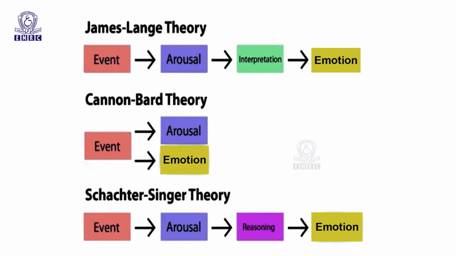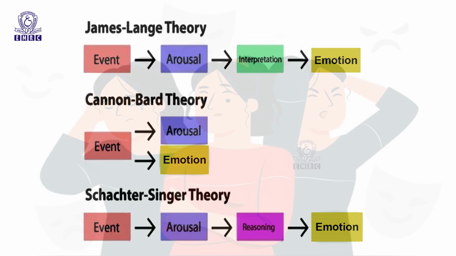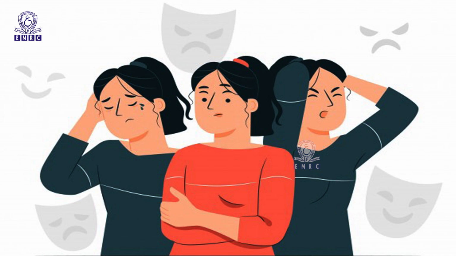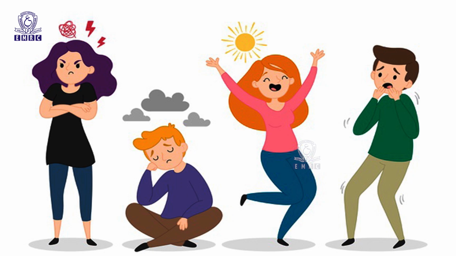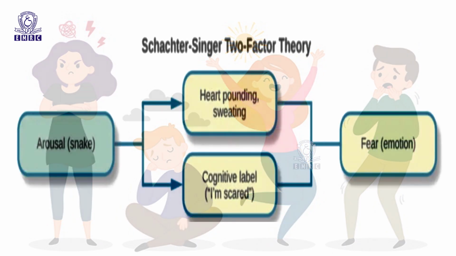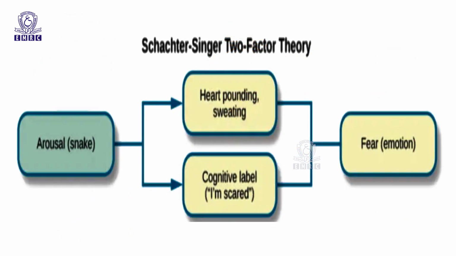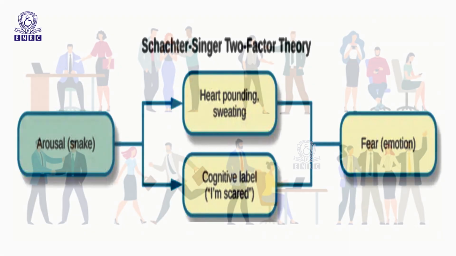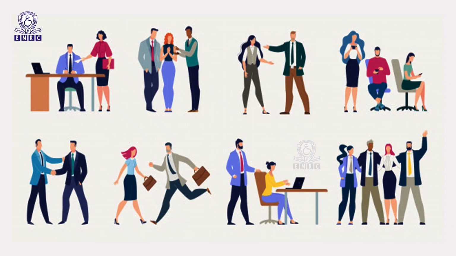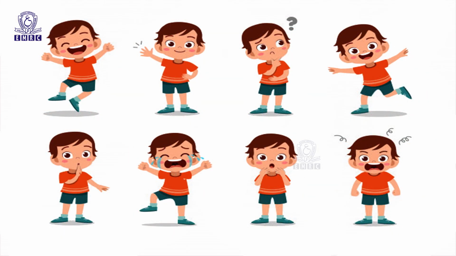Like the James-Lange and Cannon-Bard theories, Schachter-Singer theory of emotion attempts to explain emotion as it relates to physiological arousal. According to this theory, emotion results from the interaction between two factors. More specifically, this theory claims that physiological arousal is cognitively interpreted within the context of each situation, which ultimately produces the emotional experience.